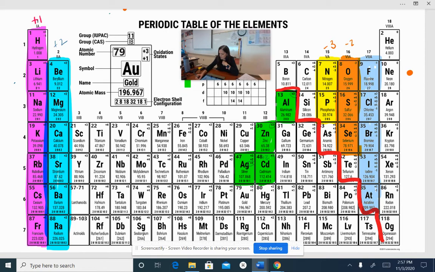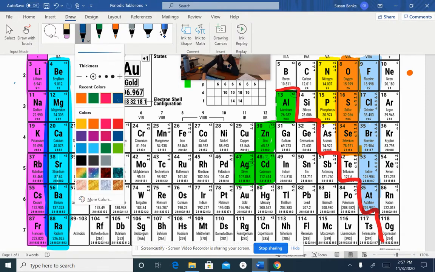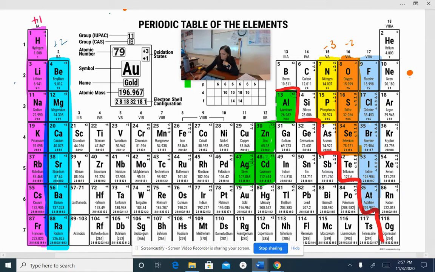These guys will always acquire a -1 charge when they are bonding with things. So, -1. Okay? Now, the noble gases don't acquire any charge because they don't react with anything. So, we have a fair amount of the periodic table already determined on the charges. Okay? So, let's do some more.